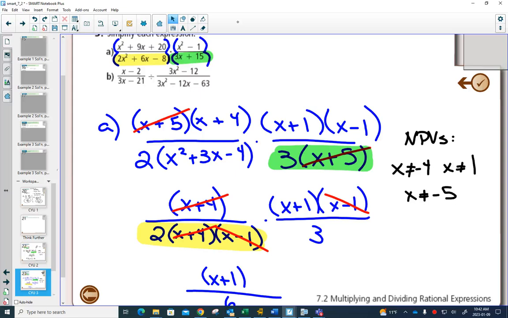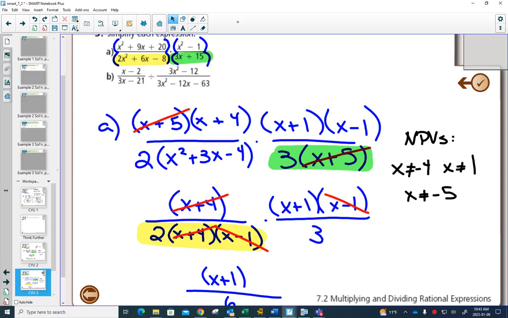Again, if I gave this to you on a test, I would say simplify each expression and list the non-permissible values if I wanted you to list the non-permissible values. If I say just simplify, and you didn't list the non-permissible values, perfectly fine, 100%. Okay?